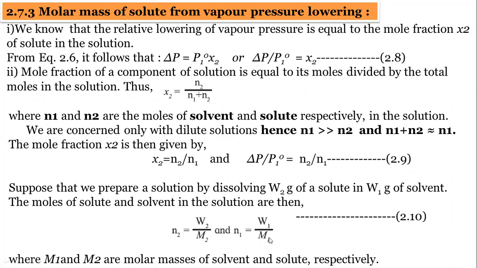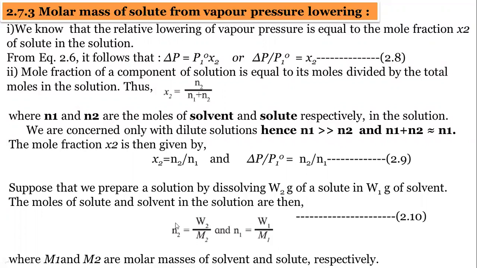Don't get confused between which is solute and which is solvent. Clearly it is shown here N1 is solvent and N2 is solute. And for the number of moles, the formula is mass upon molar mass, whether it is a solute or a solvent; the formula is the same.